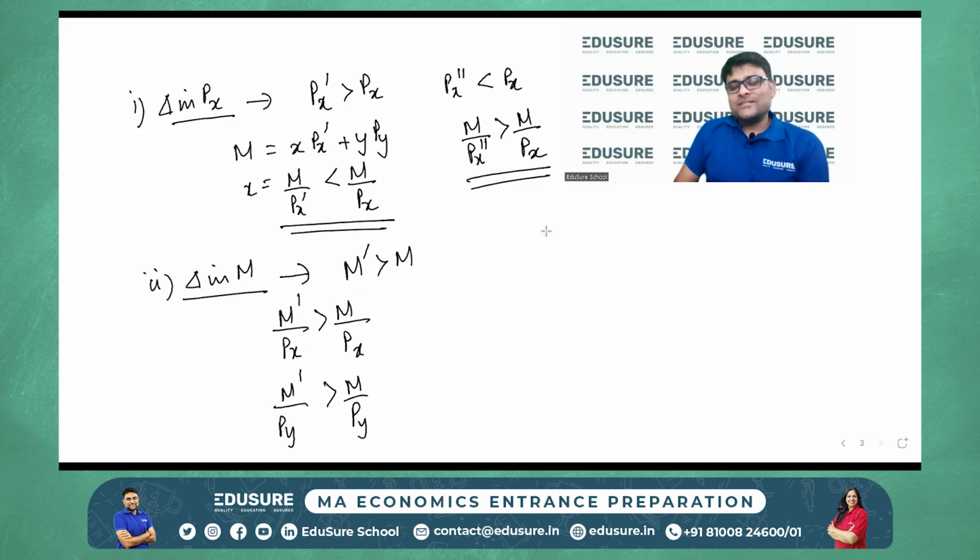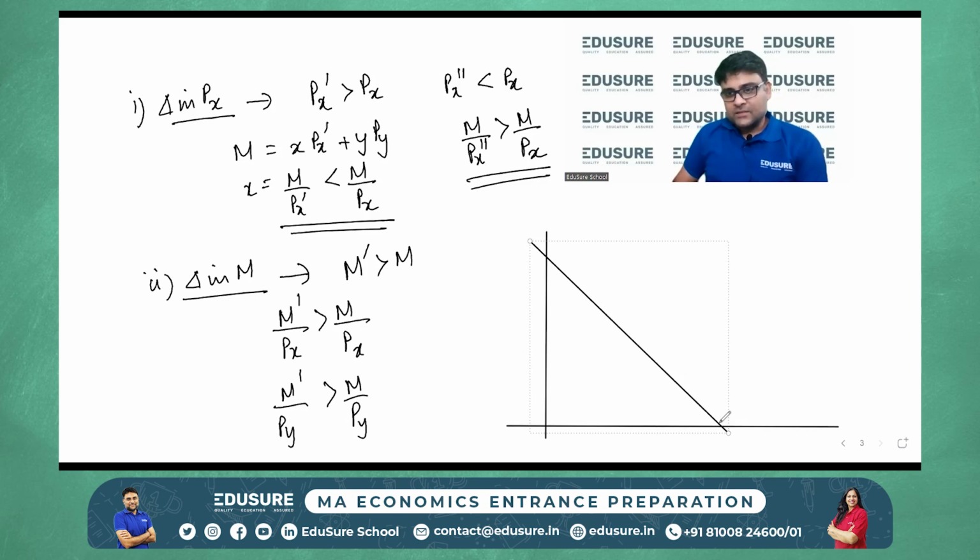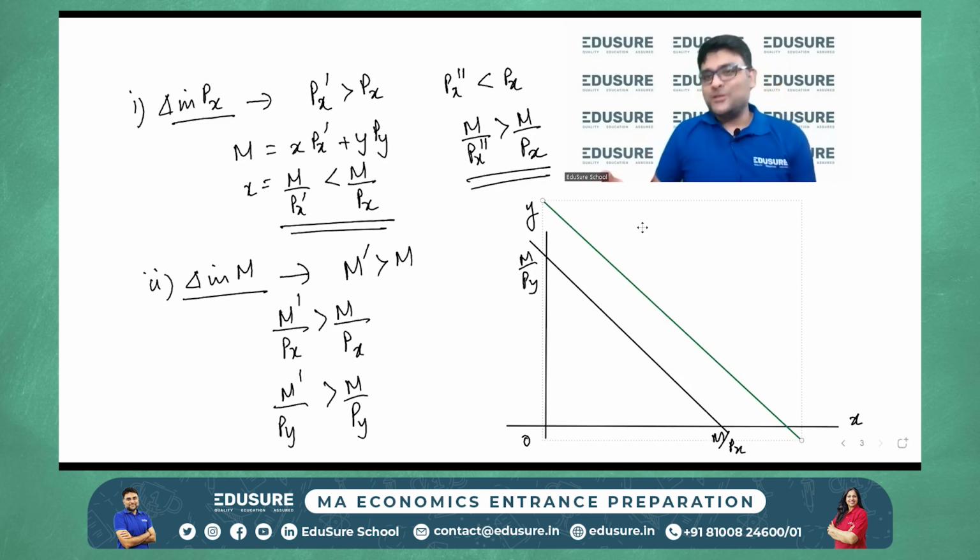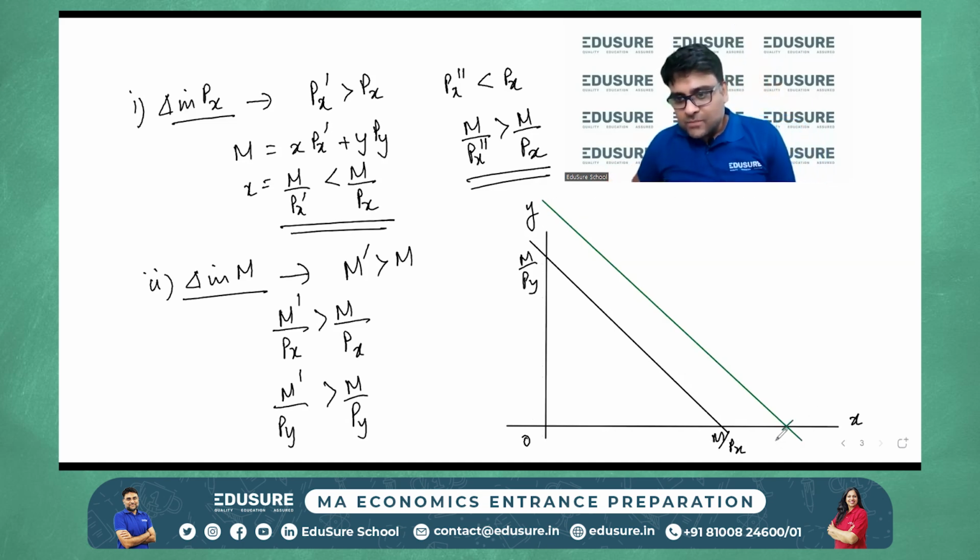So in a nutshell, let's explain it with a diagram here itself. So agar ye mera original hai, that is m by px, m by py. What will happen is, let's use a different color. If my m increases, I'll have basically a parallel shift of the budget line. Yahan par this becomes m dash by px, and this intercept will be m dash by py.